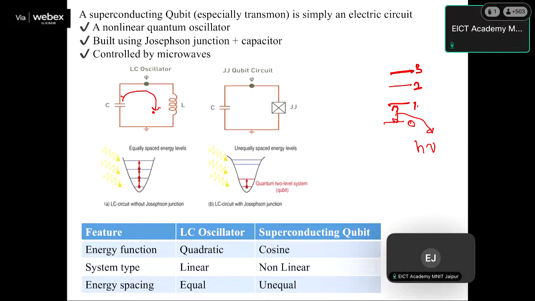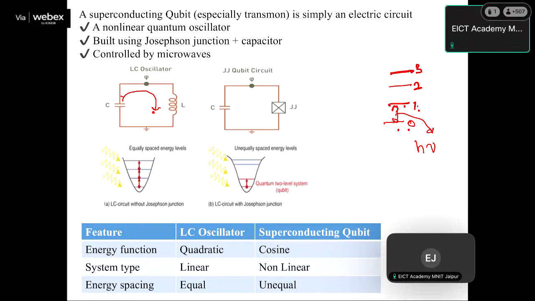Now, when a microwave pulse is given to the circuit, and if this microwave frequency resonates with the transition, that is the frequency required to transit from the 0 state to the 1 state, then there will be a transition from the 0 state to the 1 state.